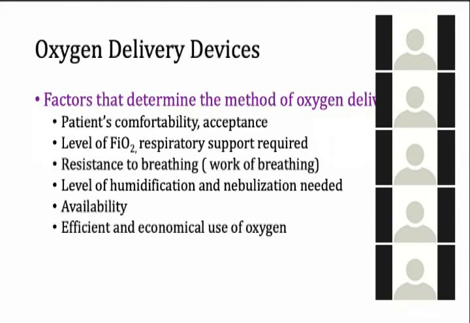If the patient says no, never, I don't want this, you can't just keep them like that because the patient will be in big distress and they would try to fight with you. So the patient acceptance comes into play, and the level of FiO2 you need. FiO2 means fraction of inspired oxygen. The normal fraction of oxygen in air is, how much is it?